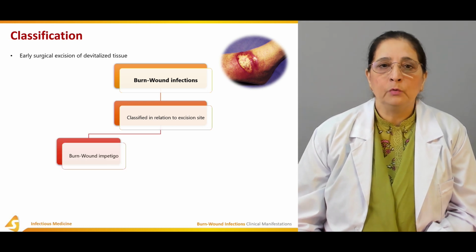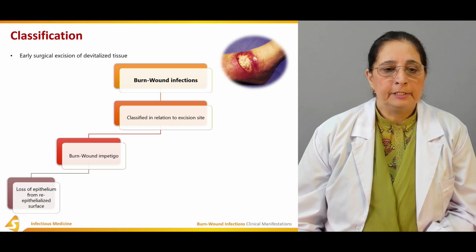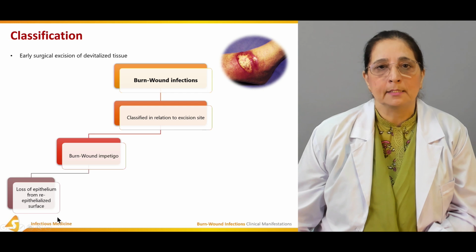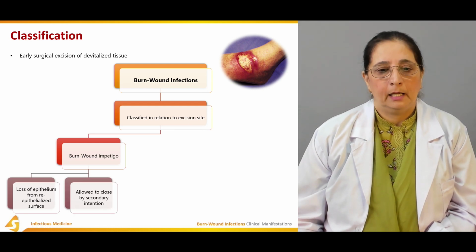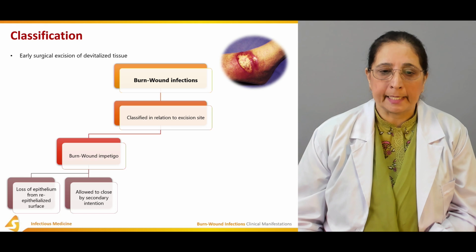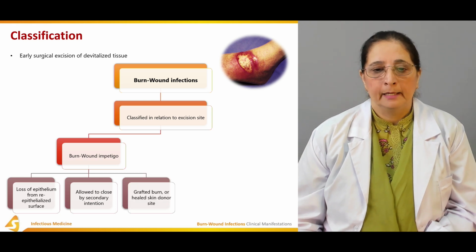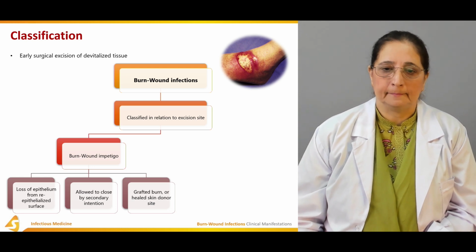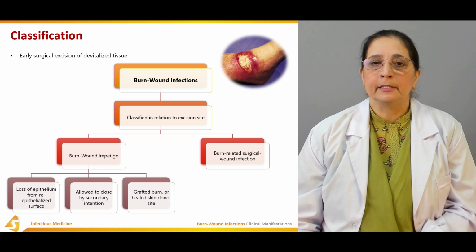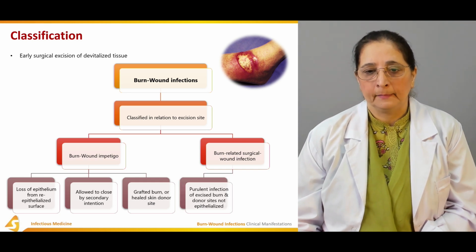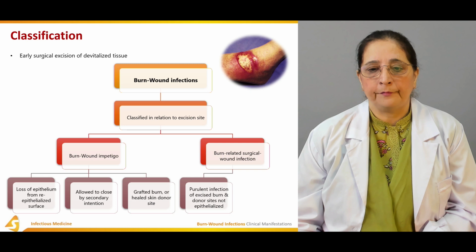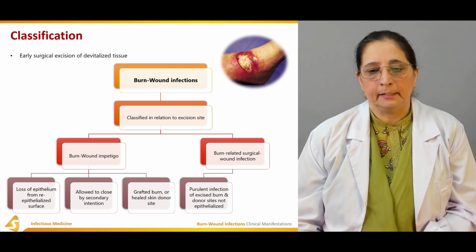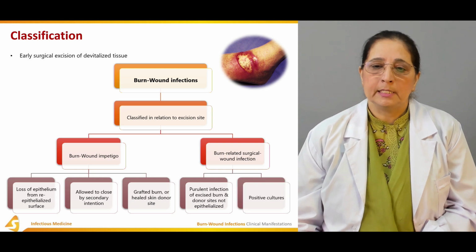Can be burn wound impetigo, which is loss of epithelium from re-epithelialized surface, allowed to close by secondary intention, grafted burn, or healed skin donor site. Burn-related surgical wound infection: purulent infection of excised burn and donor sites not epithelialized, positive culture.